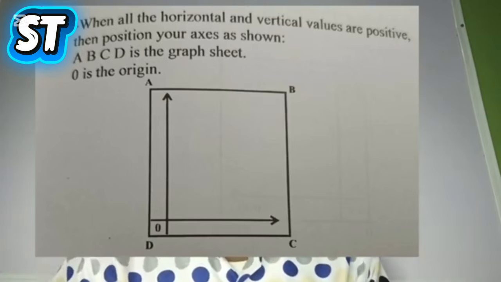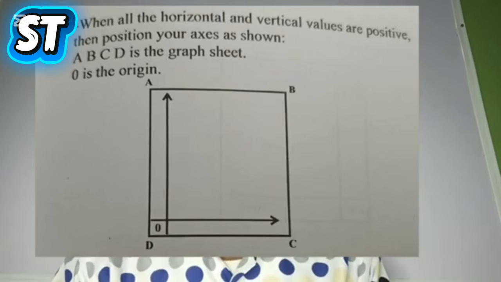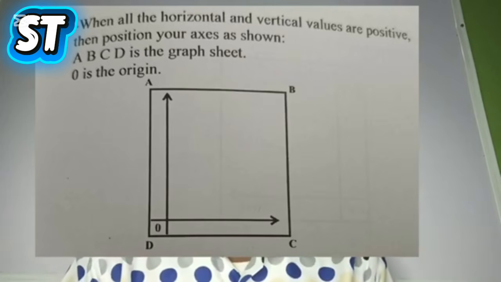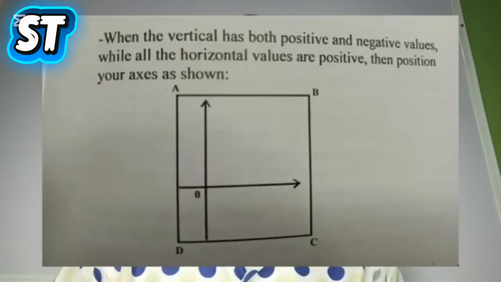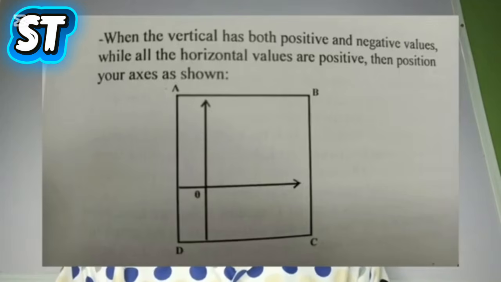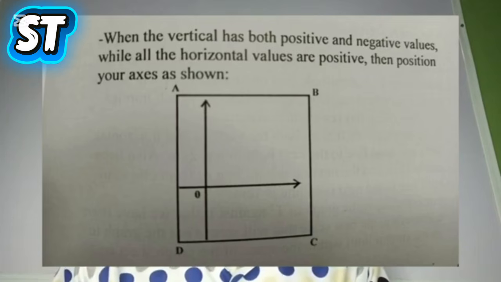That's when we have both vertical and horizontal being positive. Okay, when the vertical and horizontal have both positive and negative values, the drawing of your graph will be something like a cross as shown to you on the screen. So I believe this shouldn't be any problem, because the values of your table will determine how your graph will be in that manner.